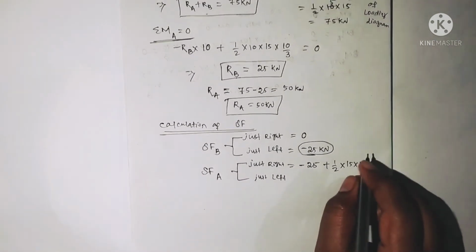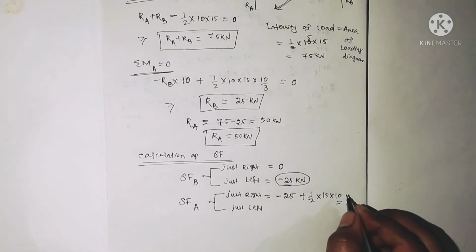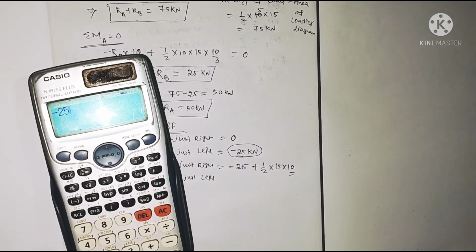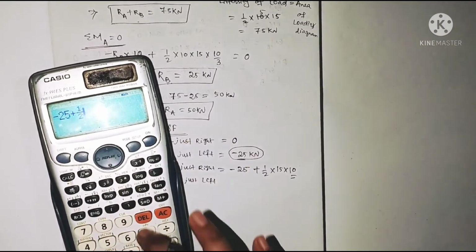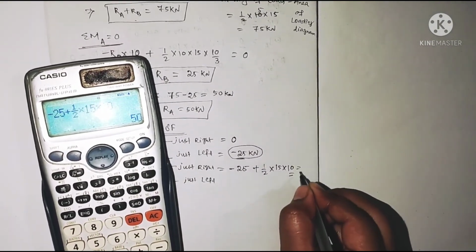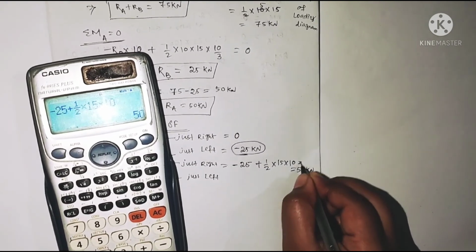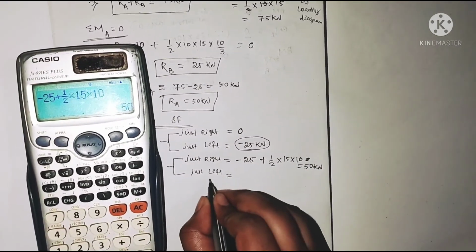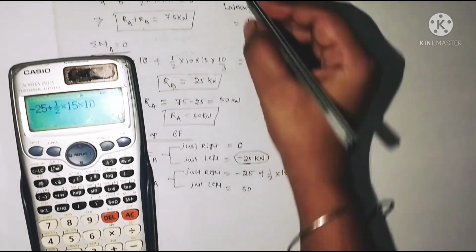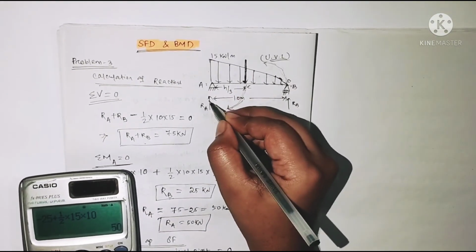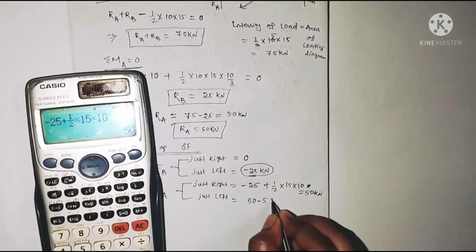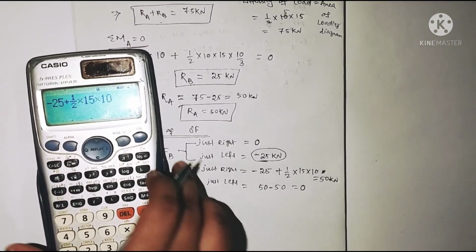Put this in the calculator: minus 25 plus half into 15 into 10 will be 50, so that is equal to 50 kilonewton. At just left, the force Rb gives anti-clockwise moment, so it will be negative. That is plus 50 minus 50, which will be equal to 0.